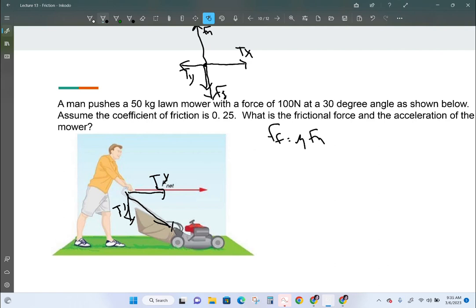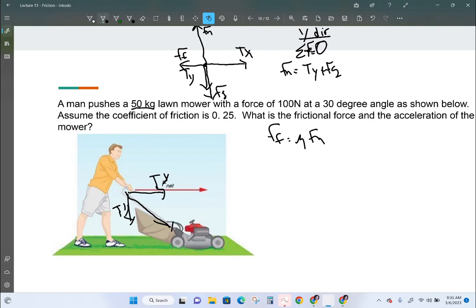And we have friction in the system. So in the y direction, all the forces add up to 0. So Fn has to be equal to Ty plus Fg.